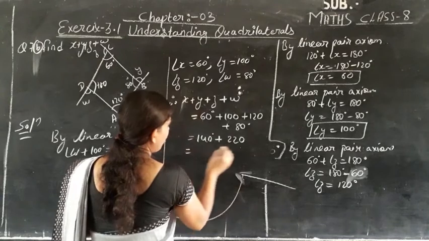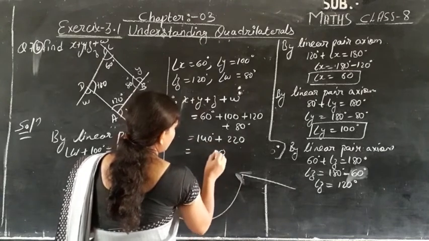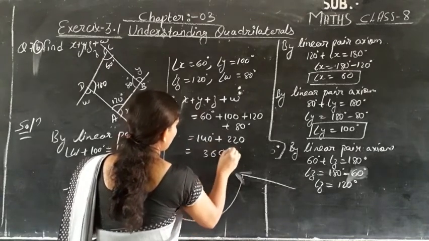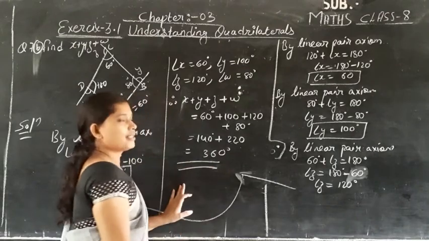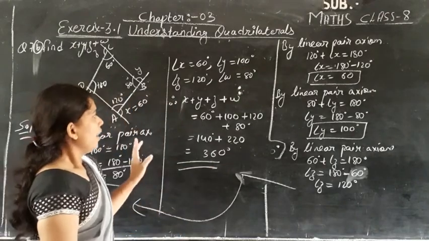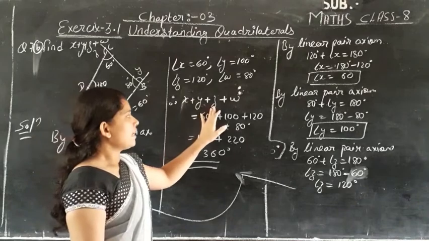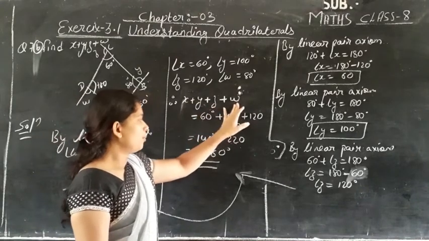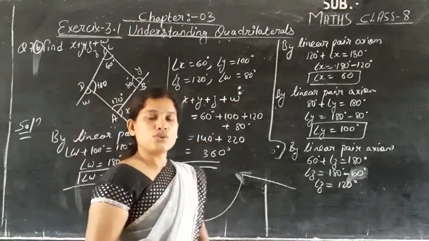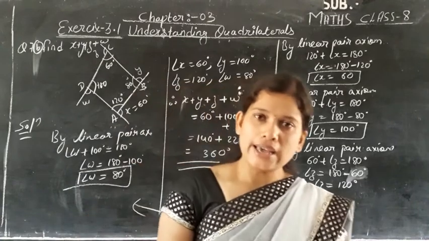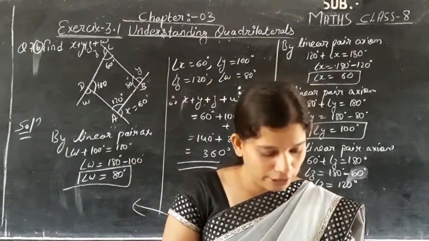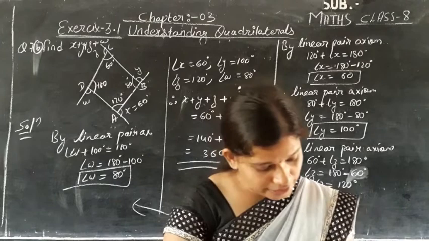Now add again, so what is the value we got? That is 360. So angle x plus angle y plus angle z plus angle w is equal to 360. So in this way we can find the exterior angle of the figure. So here our exercise gets over.